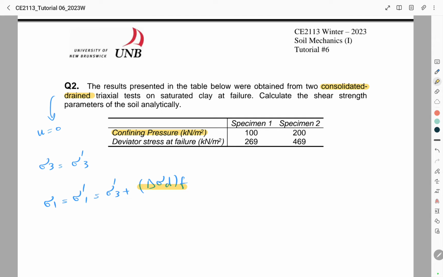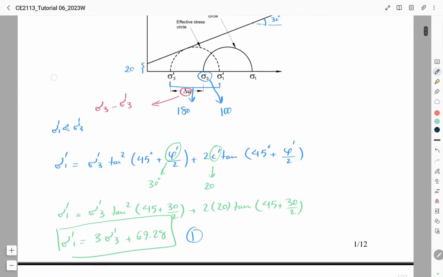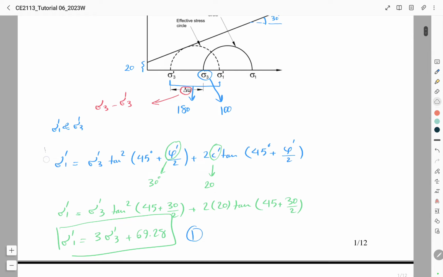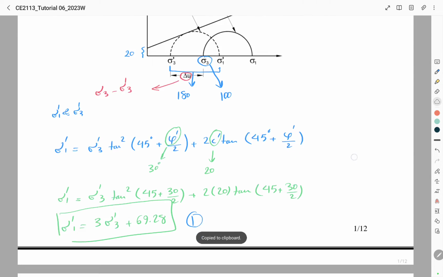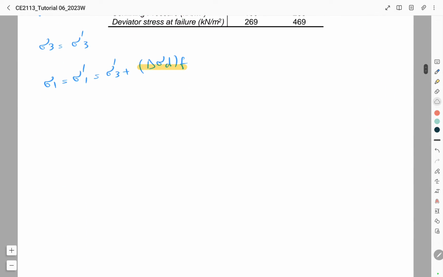And now the question asks you to calculate the shear strength parameters of the soil, which are your c prime and phi prime. So as I explained in the first question, this is the relation between the principal effective stresses. So I'm going to use the same equation here.